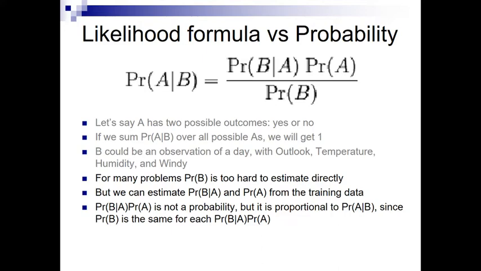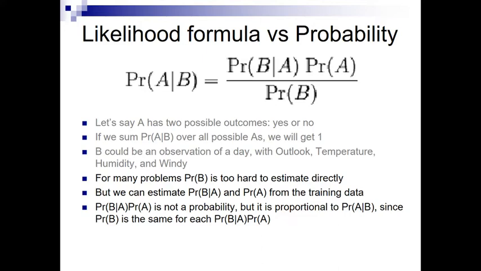these won't sum to 1, but what we can do is look at the proportionality. So if we add them together, the numerator for A1 and the numerator for A2, then that's the total likelihood that we get. And we know that if we divided each of those by the probability of B, we would get numbers that summed to 100%.